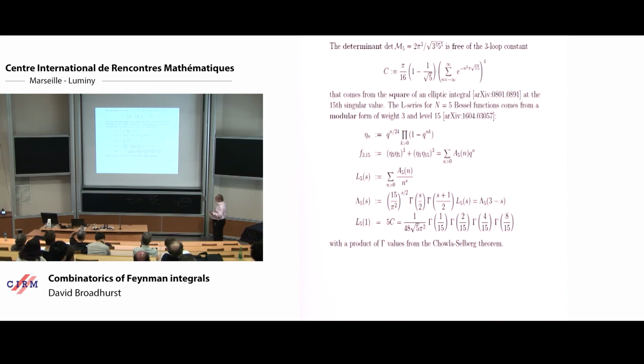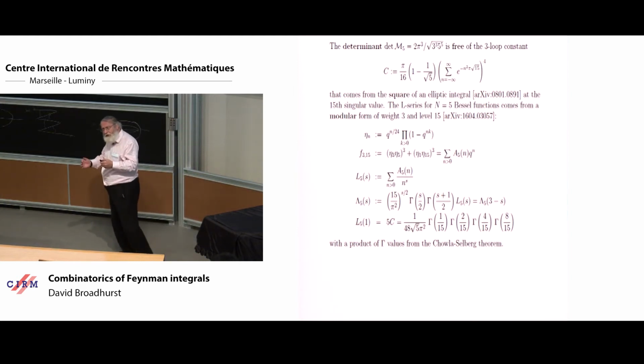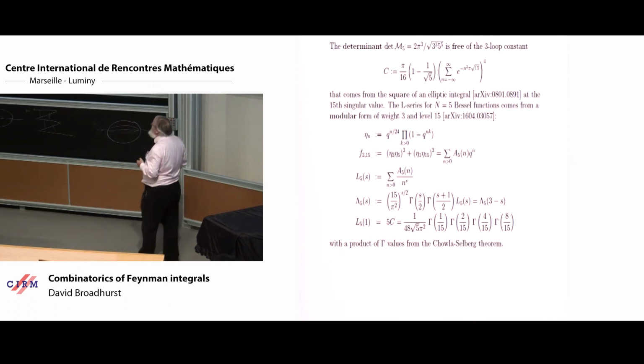Dedekind says, take the product of 1 minus q to the k over all k. Well, I define eta to be eta of q to the n. And it also has this 1 over 24 down here, and it tells us only when you've got that 1 over 24 have you got something called a modular form. So we better, but I want something that has a rational expansion in powers of q. So here's the recipe.